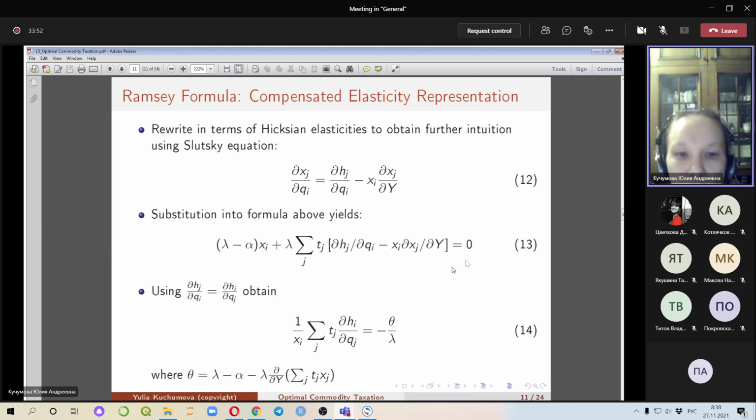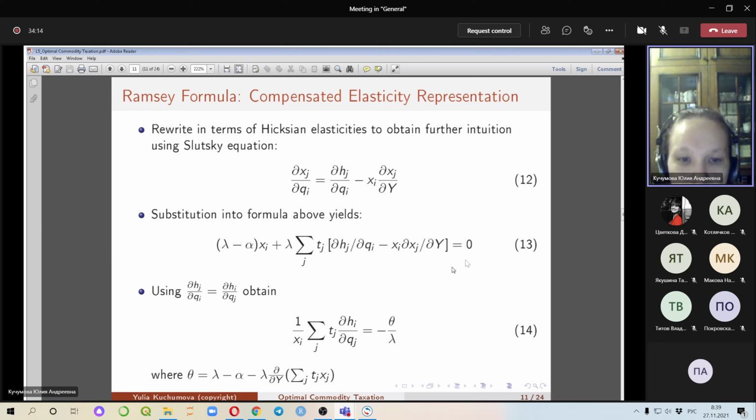So it's lambda minus alpha xi plus lambda, the sum over g of tg multiplied by the following bracket: the derivative of hg with respect to qi minus xi, the derivative of xg with respect to y, is equal to 0.